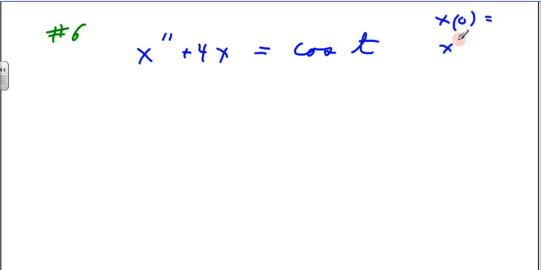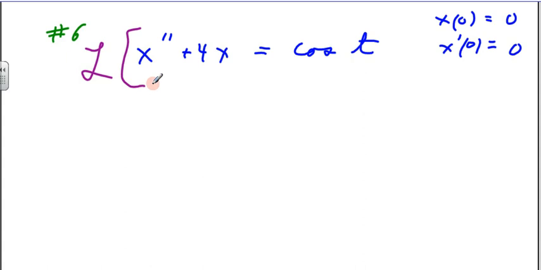And I have x double prime plus 4x is equal to cosine t. And I have x of 0 is equal to something, x prime of 0 is equal to something, and they're both 0, which makes life a whole lot easier than if they're not.